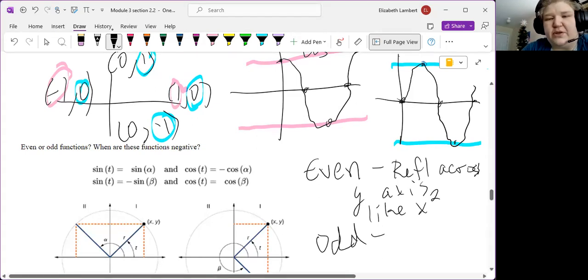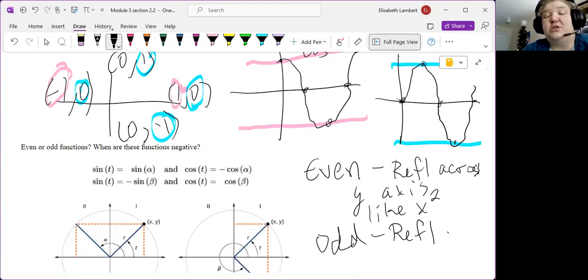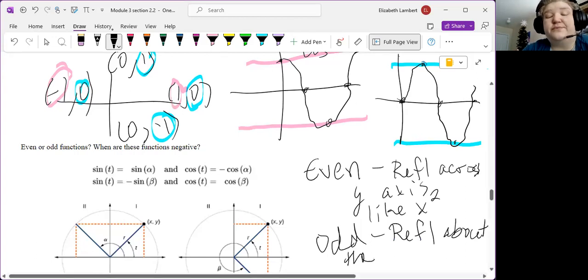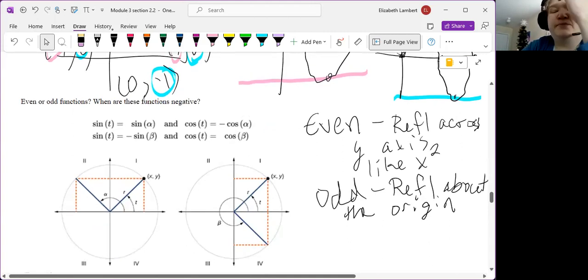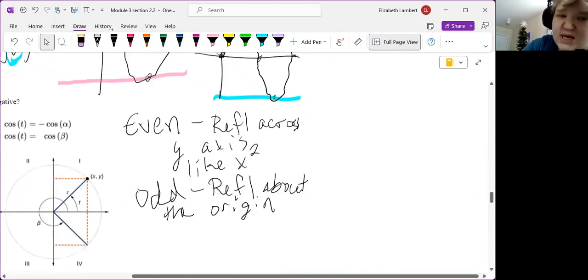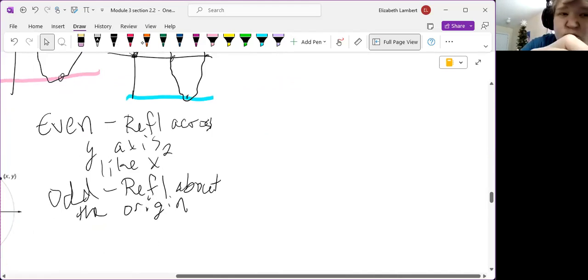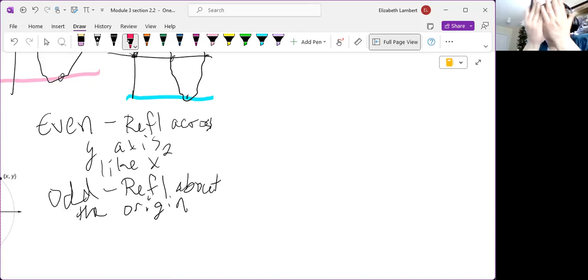So we call this a reflection about the origin. Now, if we think about those two concepts, we can write some function notation that pairs along with this. So my reflective across the y-axis, I'm taking two different points.